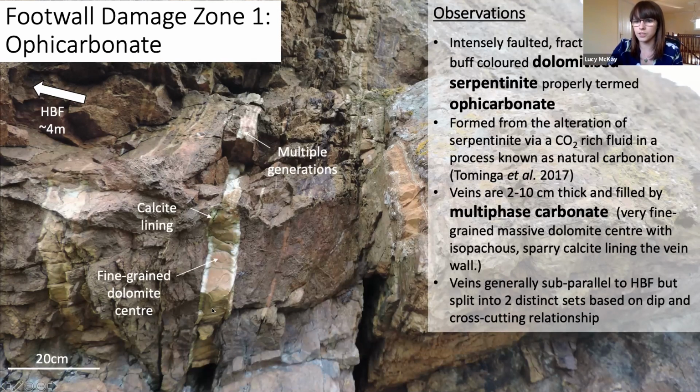In this unit, you see veins that are about 2 to 10 centimeters thick, filled with multi-phase carbonate. In the middle, you've got very fine-grained dolomite, and then a calcitic lining on either side, and the veins are generally aligned parallel to the Highland Boundary Fault.